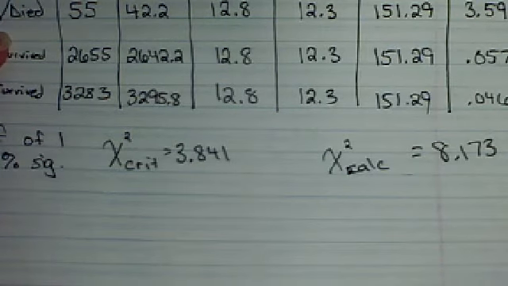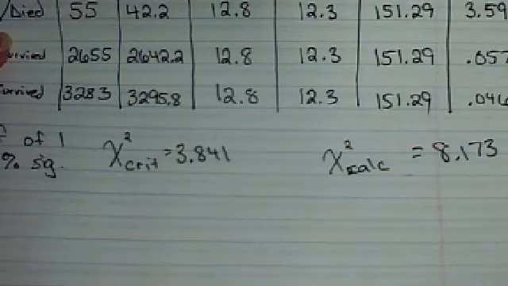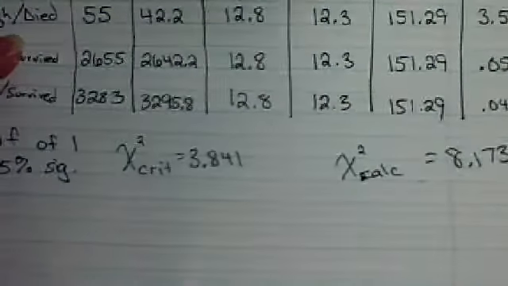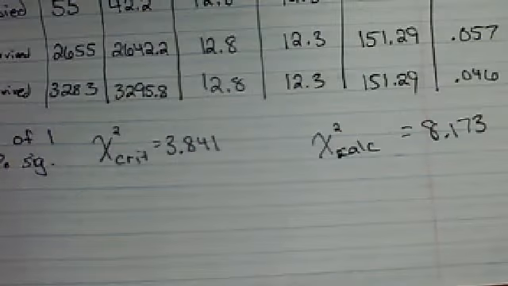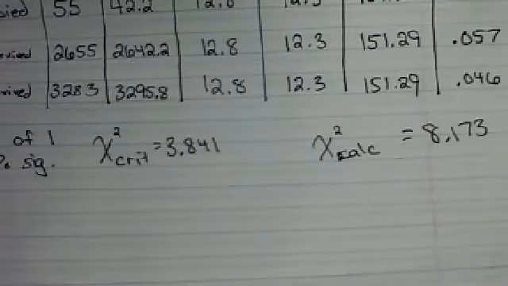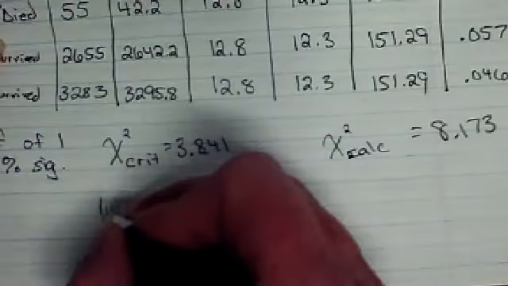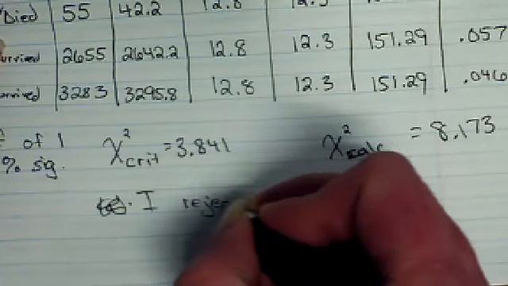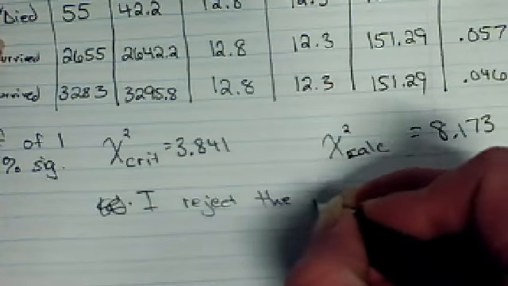So even though it looked like there really wasn't maybe something going on, because our calculated value is so much higher than the critical value, remember that's our cutoff point, I would actually say I reject the null hypothesis.